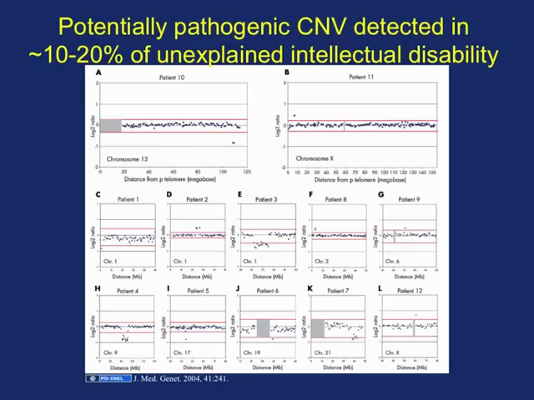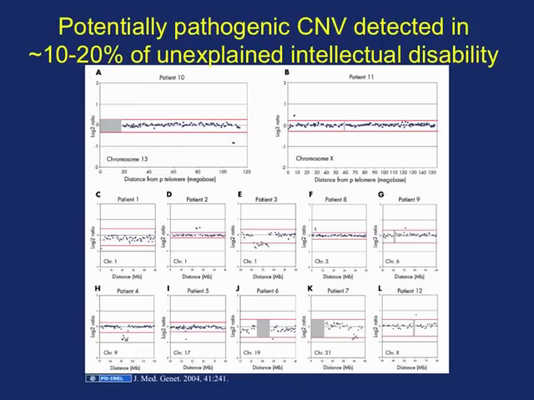The problem is you will find some variation like this in all normal people. Not usually big ones over many megabases like this, like you find in 10 to 20% of them. But if we did all of us, we will all have some copy number variation, some well-known normal variation, some novel we've never seen before. Is this a silent variant, a new variant in you, or is it causing something? Not always easy to tell.